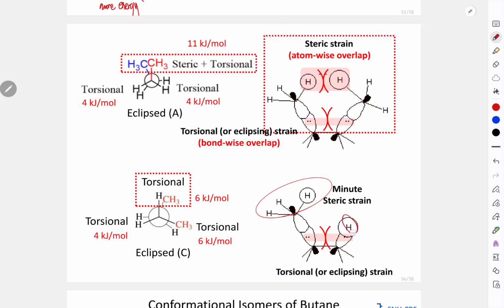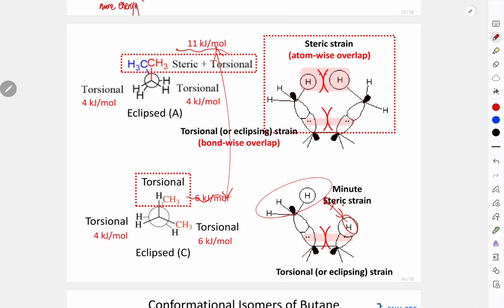That's why this pair only gives you 6 kilojoule per mole compared to this pair, about 5 kilojoule per mole less destabilization. And that is due to the minute steric strain. But for the upward pair, you have this scenario with steric strain, so you can imagine why eclipsed conformer A has a higher energy than C.